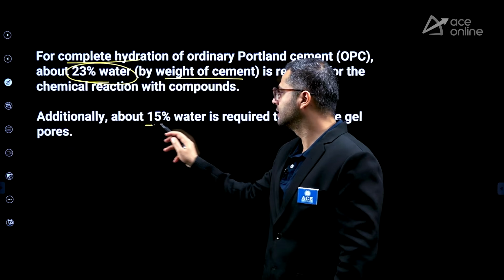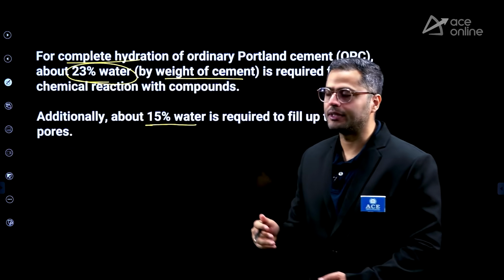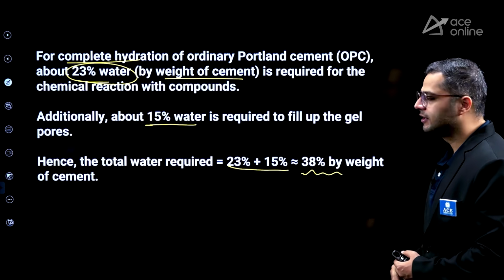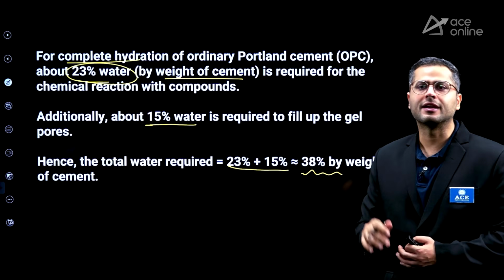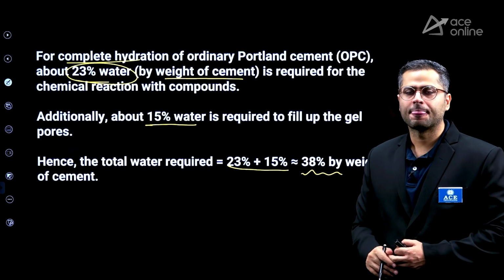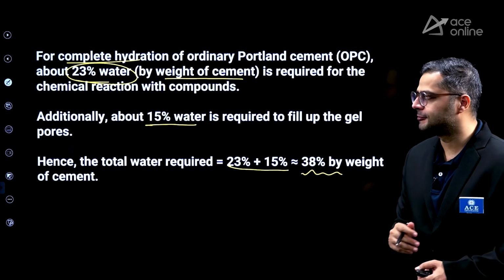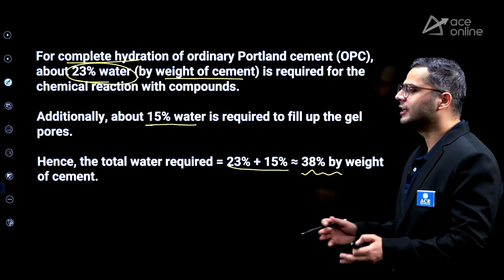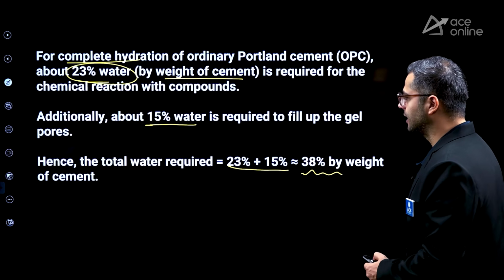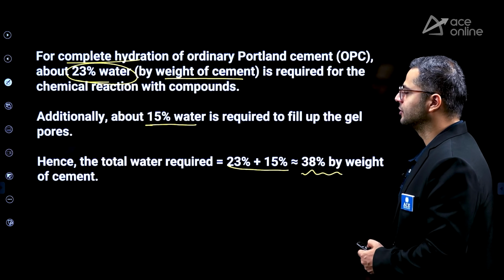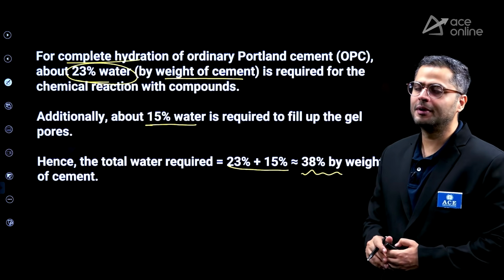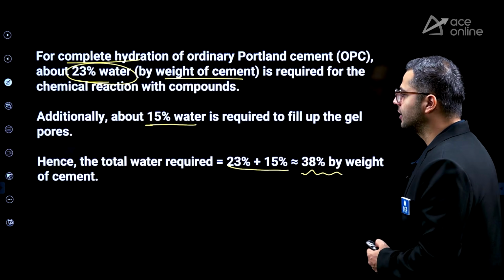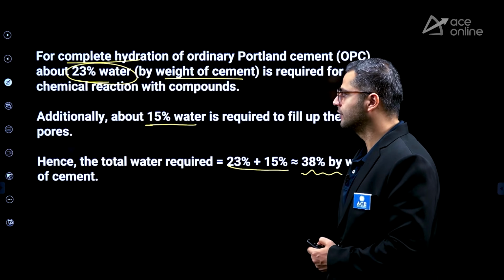So how much water is there? 15% of that water will be there. So total will become 23 plus 15, which is equal to 38% by weight of cement, which will be required as minimum. Generally, we provide minimum 0.4 and we range it from 0.4 to 0.6 for cement. So if you are increasing the water cement ratio, there will be a compromise with the strength of the concrete as well.